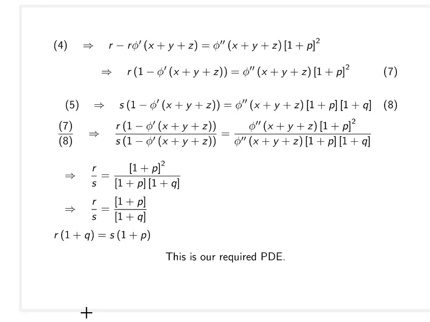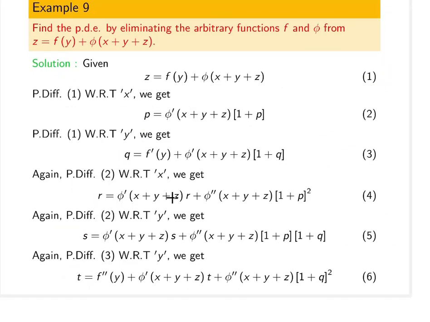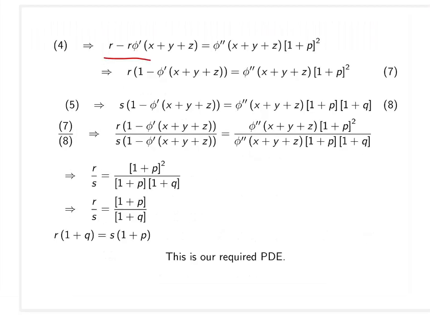So with the help of p, q, r, s, t, in the r equation I bring the term phi dash of x plus y plus z into r to the other side. From these first two terms I commonly bring out r outside, and we get 1 minus phi dash of x plus y plus z. Similarly, I do the same process in 5.